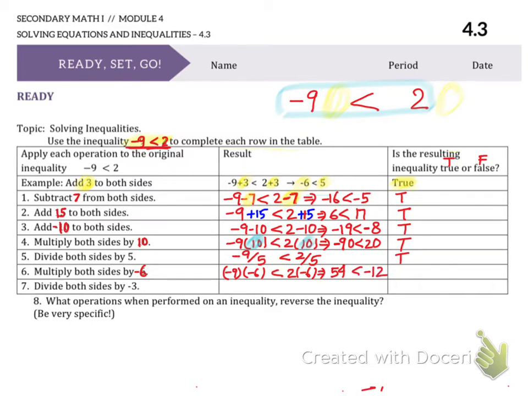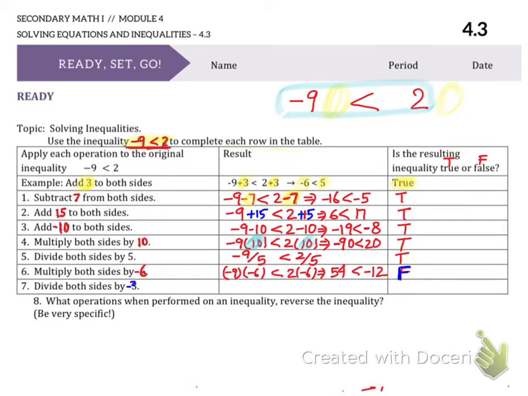Is a positive number less than a negative integer? Is that possible? No. So here we're getting something weird. It feels like when I multiply both sides of an inequality by some negative number, it's not true. That is something we are going to figure out, an inequality property.